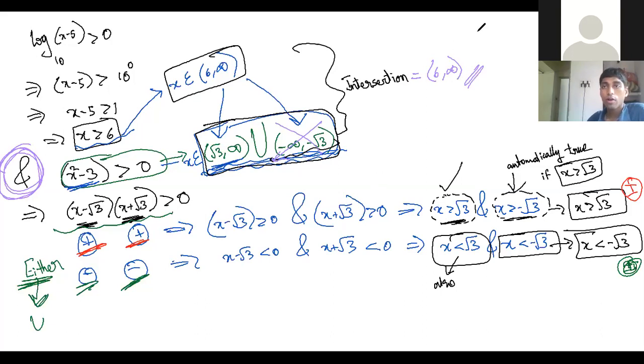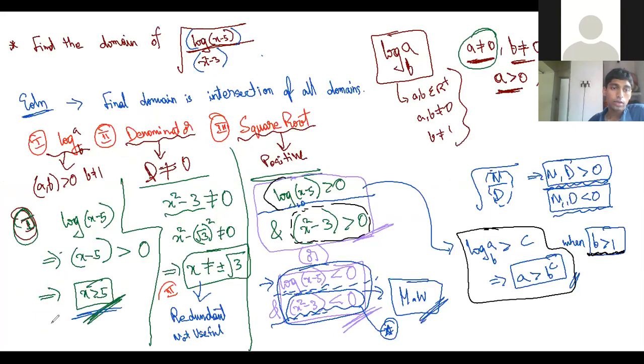Okay. So what is the final answer? The final answer is the intersection of condition 3, condition 2, and condition 1. But if you use both condition 1 and condition 2, you saw that condition 2 is not useful because condition 1 itself is telling that x is greater than 5.